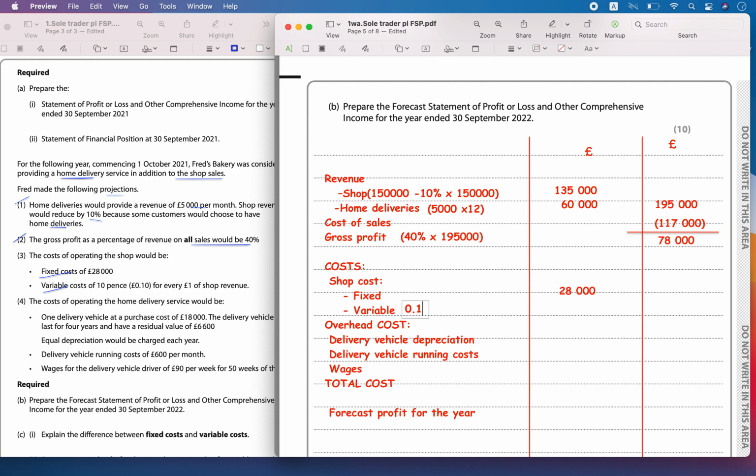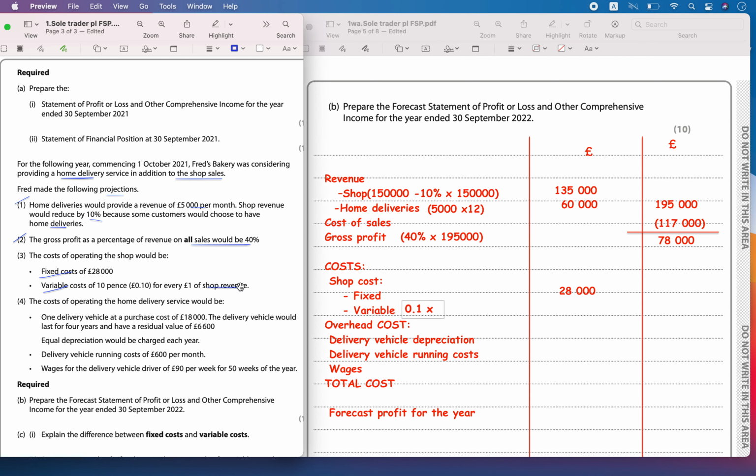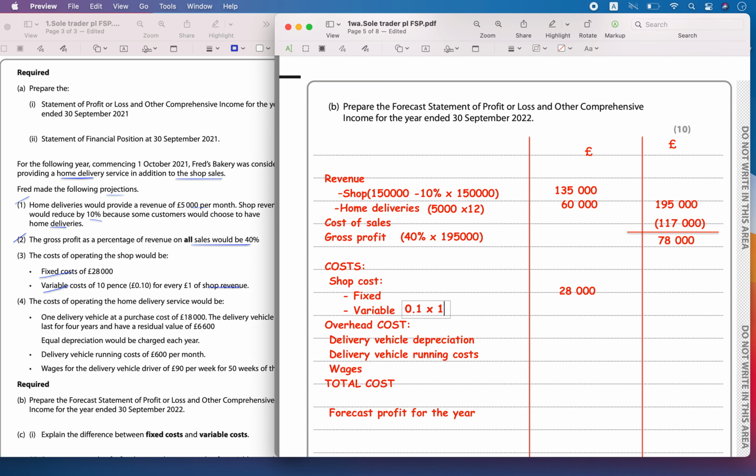So 0.1 pound times the shop revenue, which was 135,000, is equal to 13,500. So the variable cost is going to be 13,500.